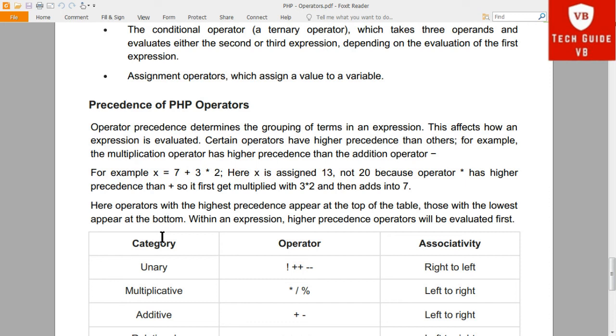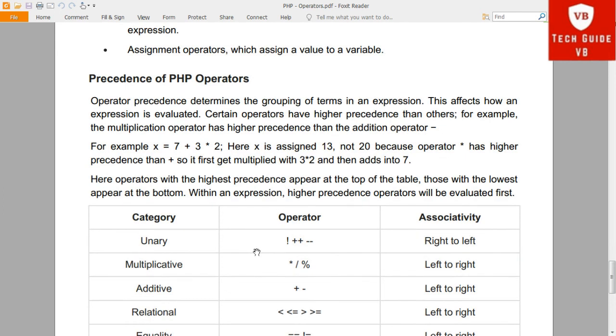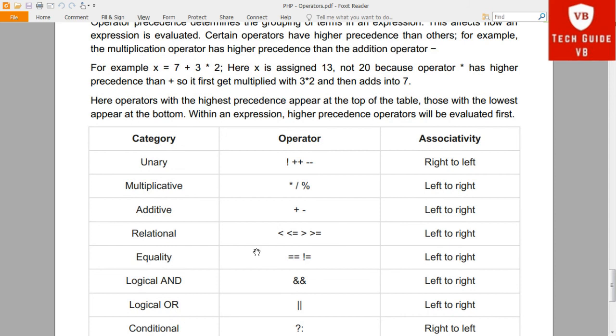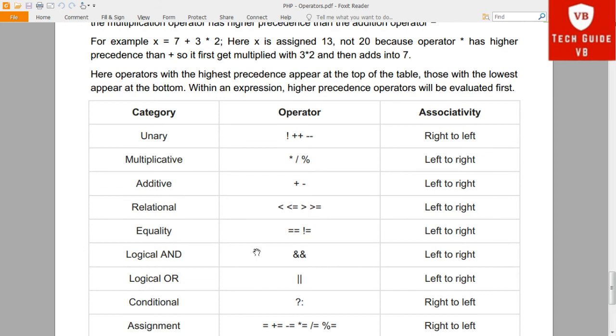Here operators with higher precedence appear at the top of the table, and those with the lowest appear at the bottom. Within an expression, the higher precedence operator will be evaluated first. So here is the operator precedence: unary, not, plus plus, that is increment or decrement, then multiplicative: multiply, divide, percent or modulus, then additive: plus or minus, then relational: less than, equal to.